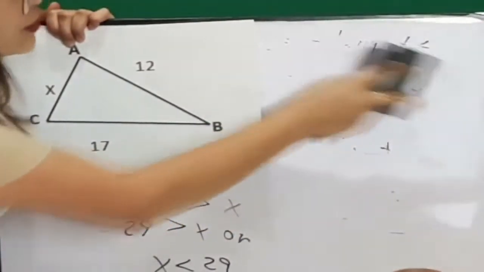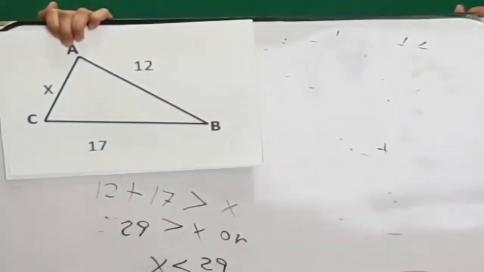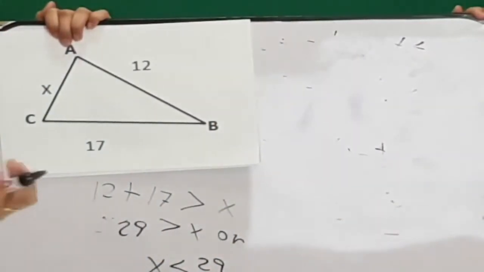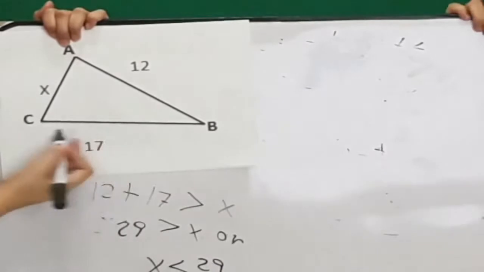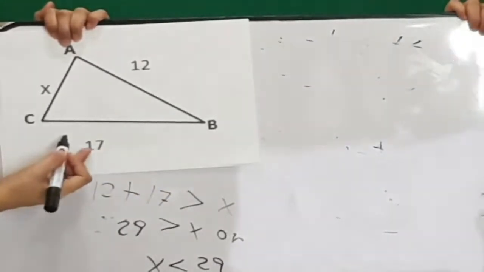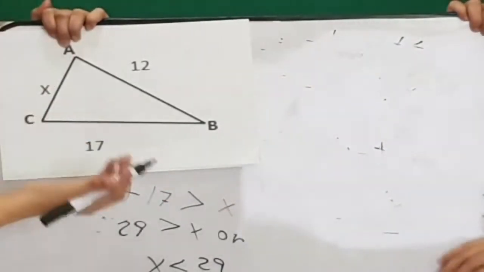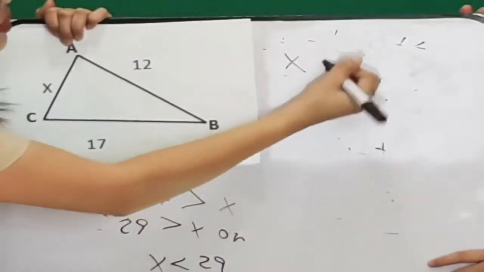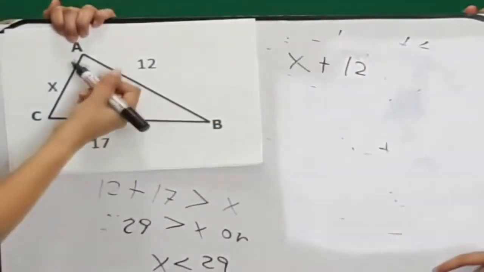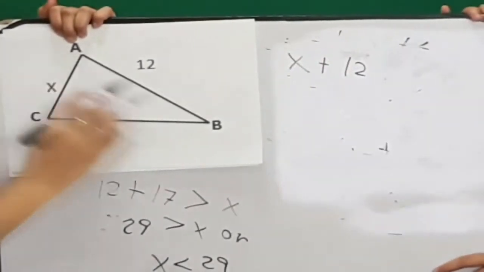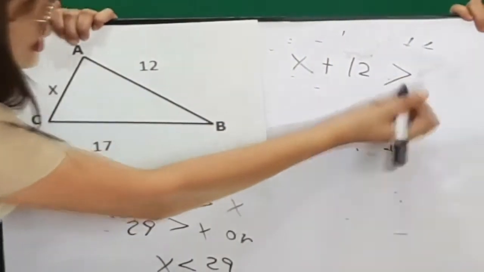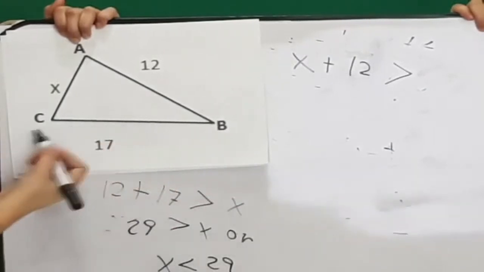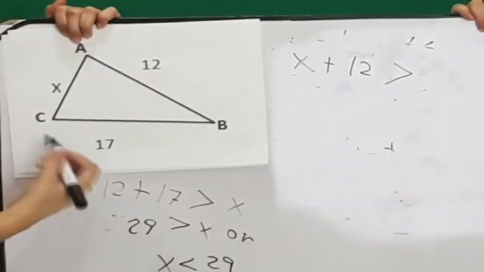Alright? So, for our second option, what if this side BC is the longest side? If side BC is the longest side, then we can have this inequality: x plus 12, this side AC plus this side AB, is greater than the remaining side, which is 17, or side BC.